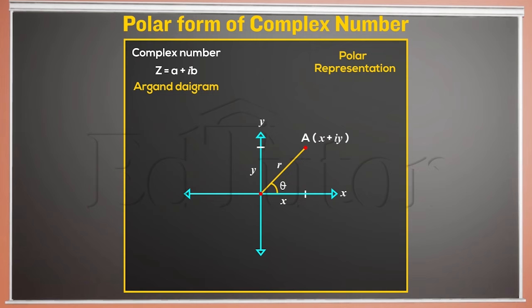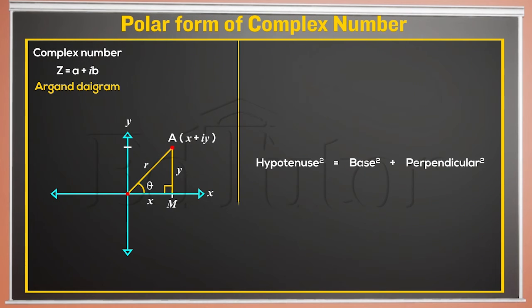Now, there exists a mathematical relation between these forms that allows the conversion between rectangular and polar representation. For that, we need to focus on this triangle, which happens to be a right angle triangle due to the 90-degree angle at M. Hence, the Pythagoras theorem is applicable here.